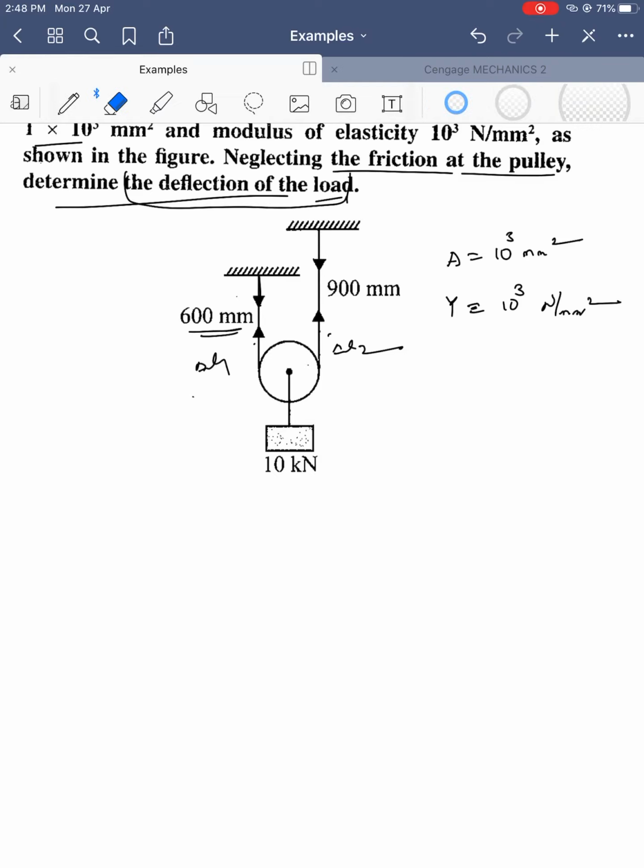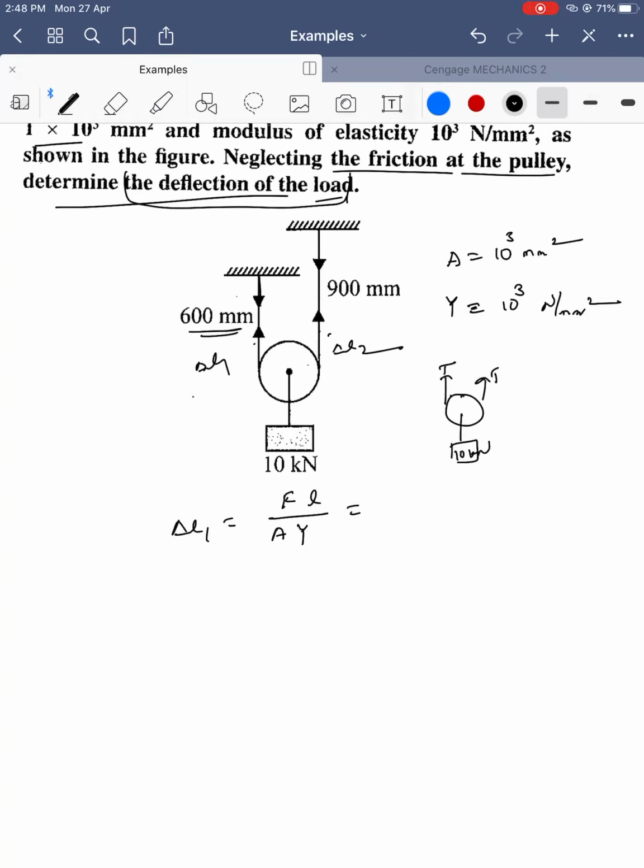Delta L1 is equal to force into length by area into Young's modulus. How much is the force? Draw the free body diagram. For the pulley, the downward direction is 10 kilonewton, upward force tension 2T is equal to 10 kilonewton, tension is equal to 5 kilonewton. Tension is nothing but force in the rope.